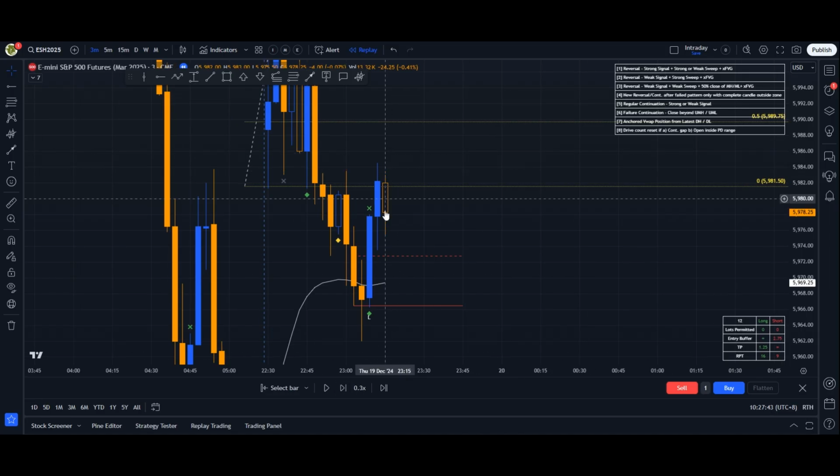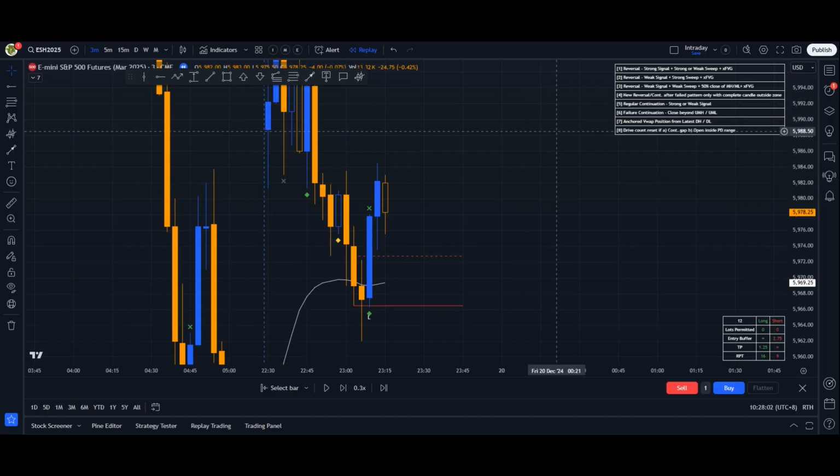Now, when this bar got printed, and obviously it came to this level as well, I was trying to very actively manage my stop loss, which probably was the incorrect way of managing the trade.